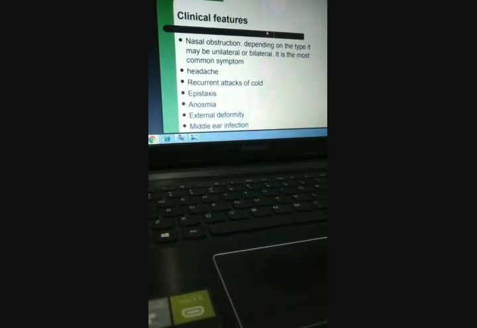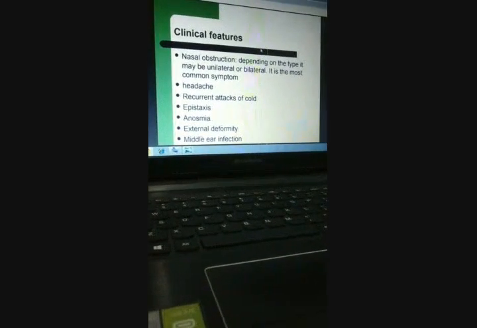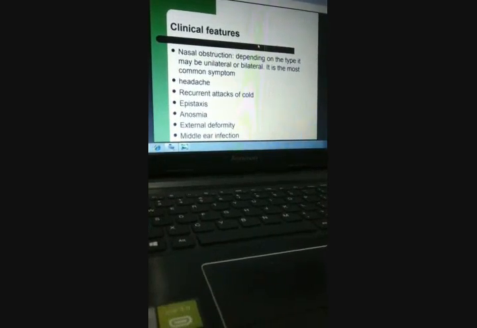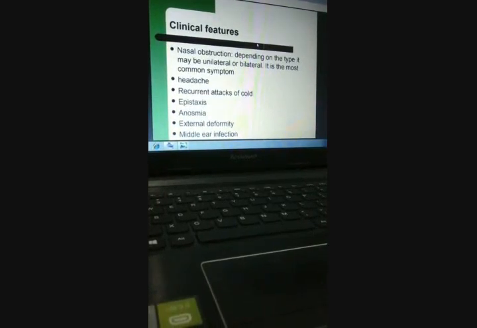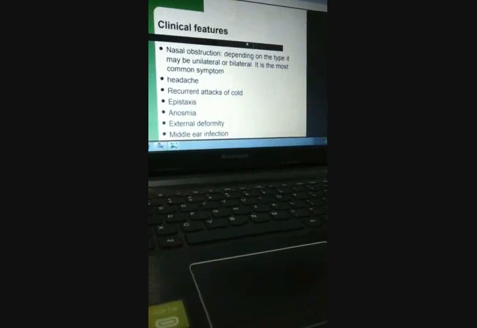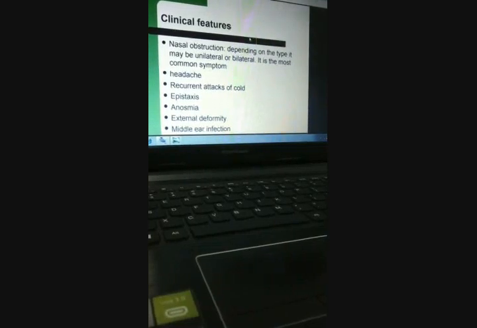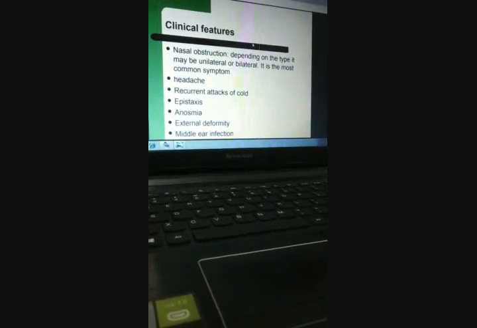When examining a case of nasal obstruction, one should assess the site of obstruction in the nose. It could be at the vestibular region, nasal valve region, atrium region, or turbinate region, that is hypertrophic turbinates or concha bullosa, and the choanal region.